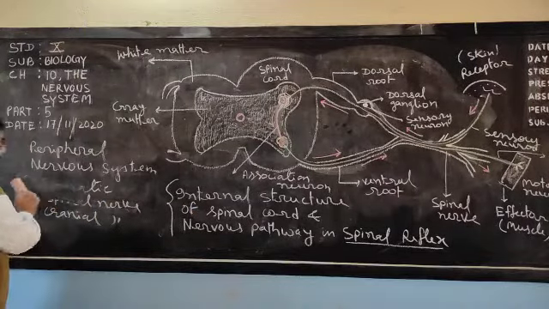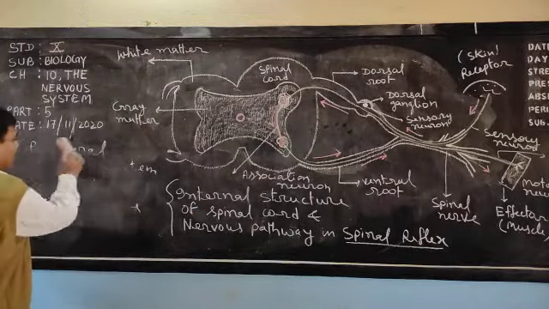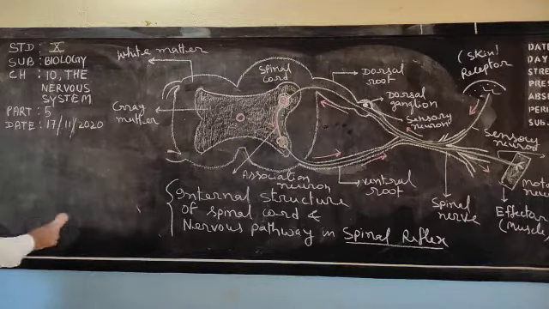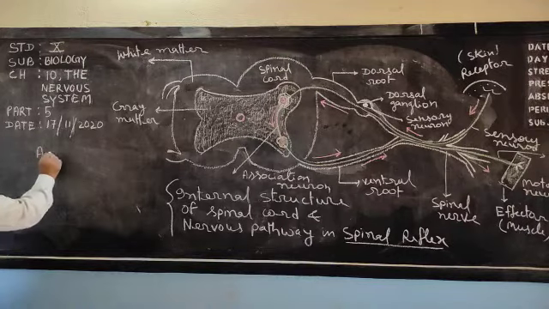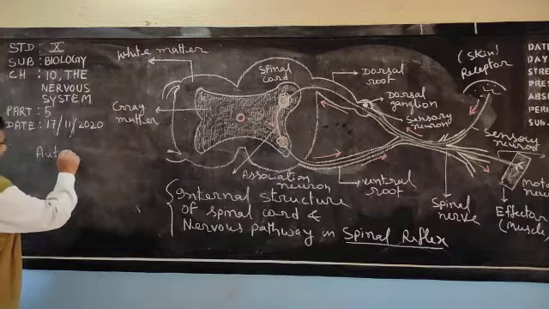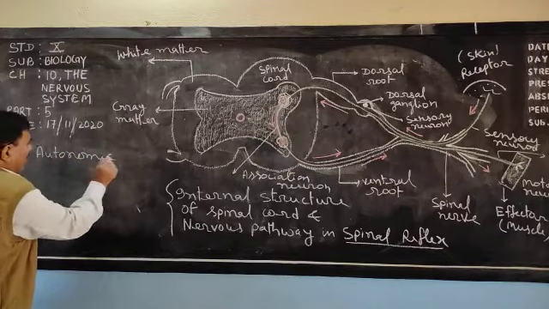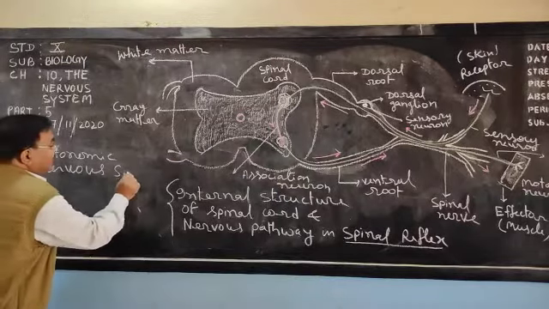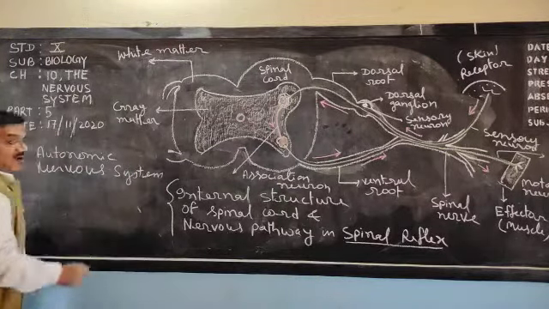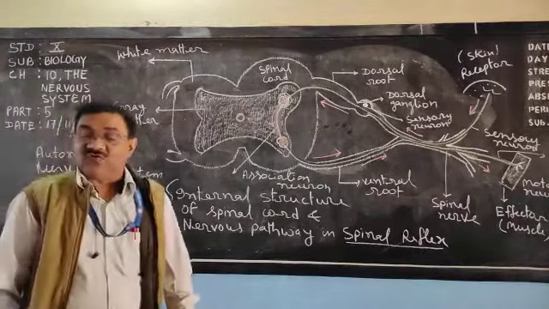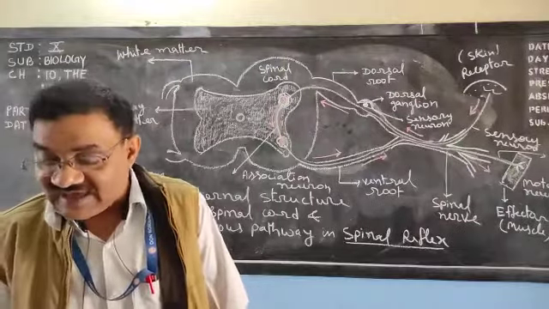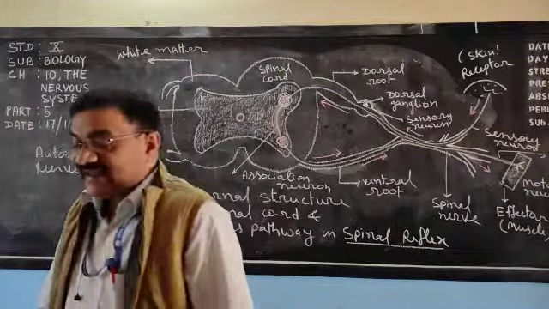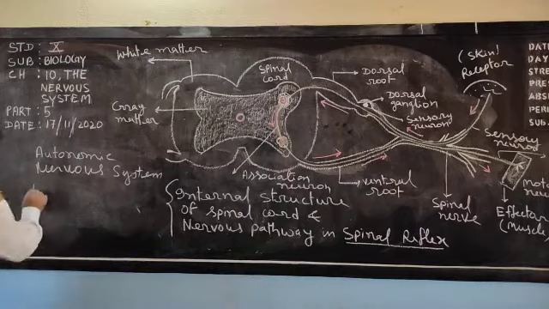Second type of peripheral nervous system is the autonomic nervous system. And autonomic nervous system is of two types, and those two types are sympathetic and parasympathetic.